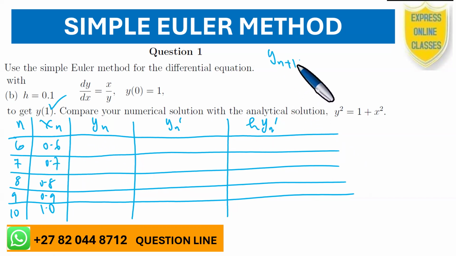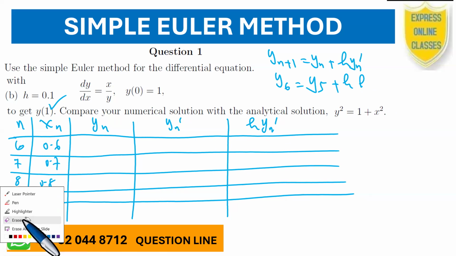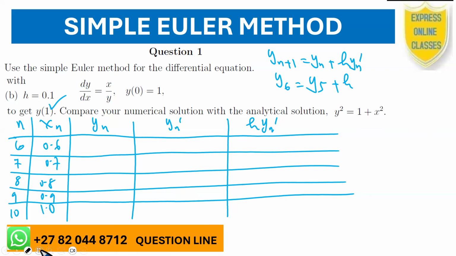We know that yn plus 1 is yn plus h yn prime, a simple Euler, so we can get our y6 when n is 5, with h and y prime subscript 5.